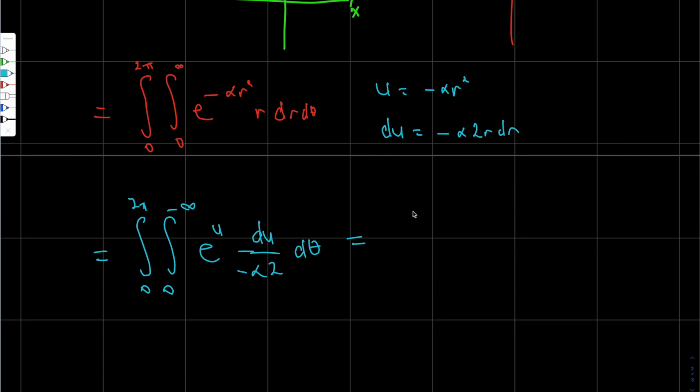So now I'm going to use the negative to flip the integral, and then factor out 1 divided by 2 alpha, 2 pi, and now flipping the integral, so it's going to go from minus infinity to 0, e to the u du d theta.